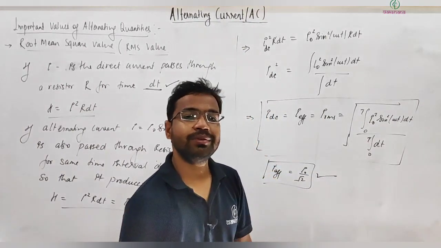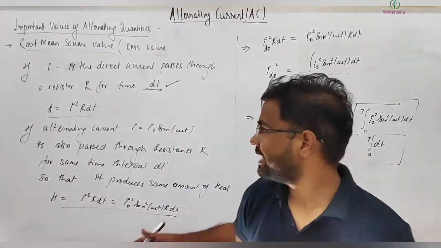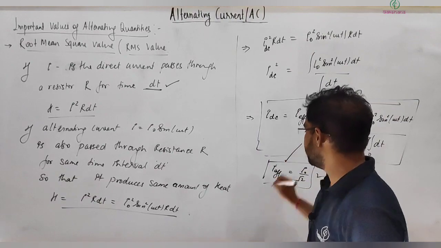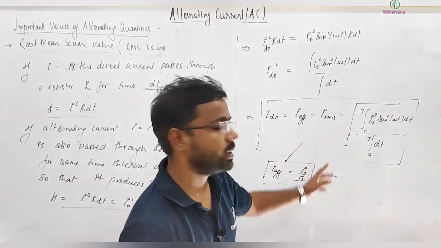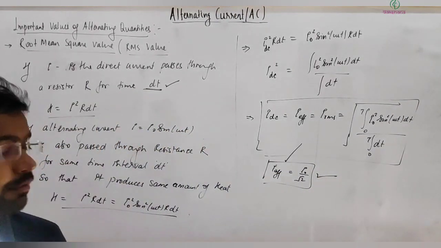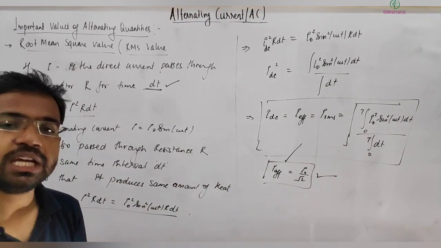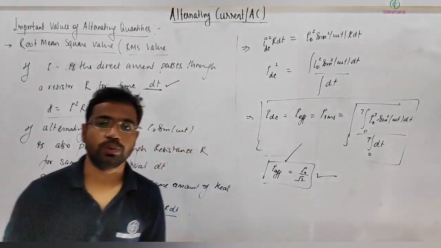Mathematically that is how we calculate it, and that is the meaning of RMS value. Many times it is asked, so you must know the relation and what RMS value actually means. We call it the root mean square value of alternating current or voltage. For both, it is equal to the peak value divided by root 2.